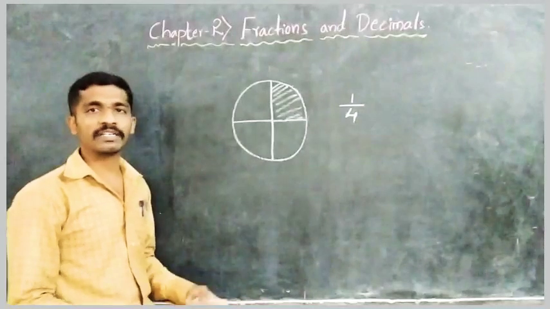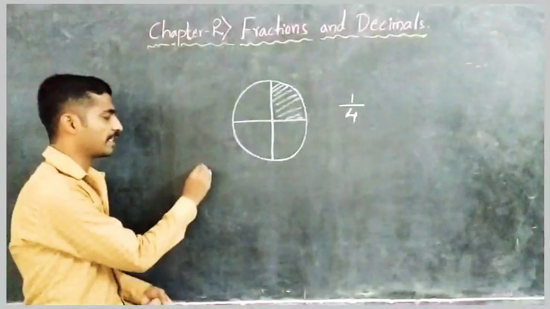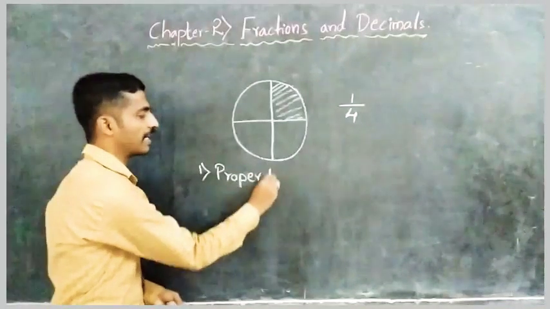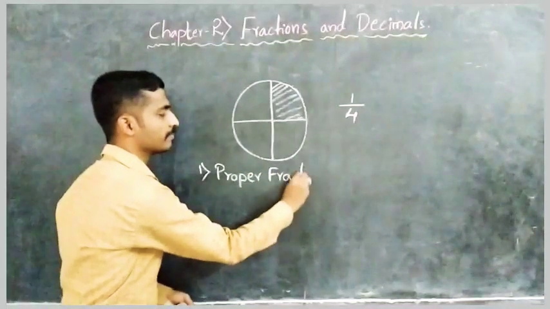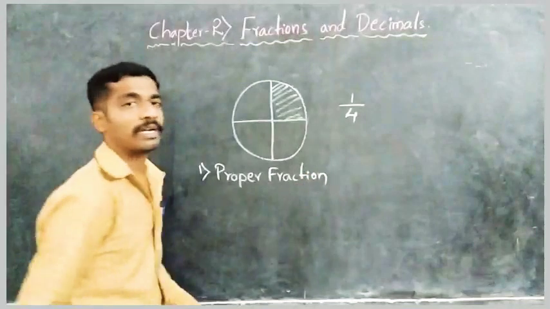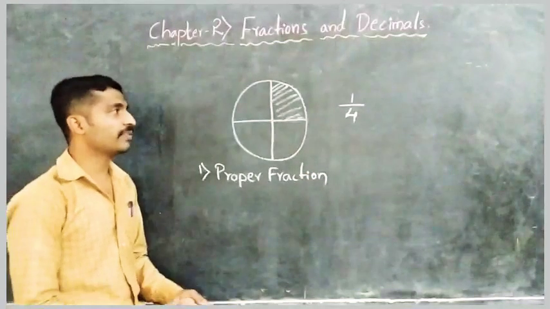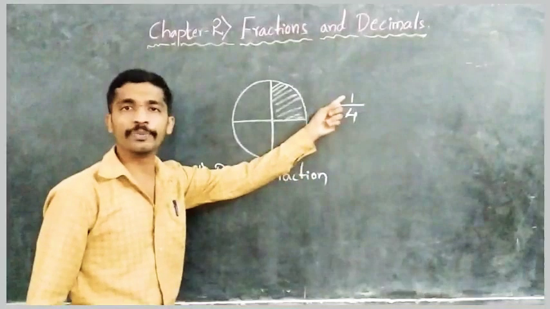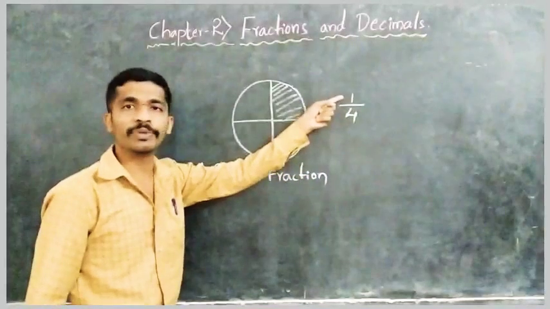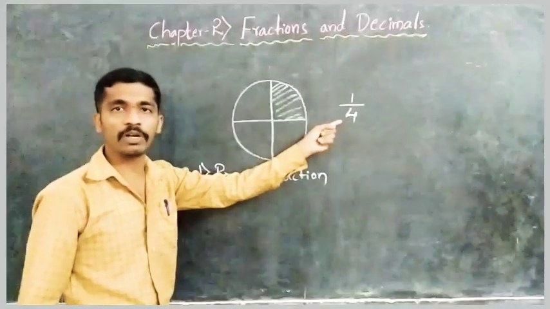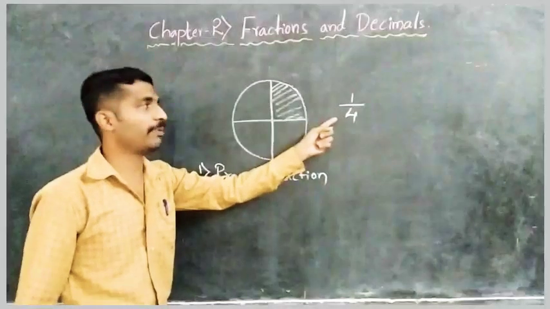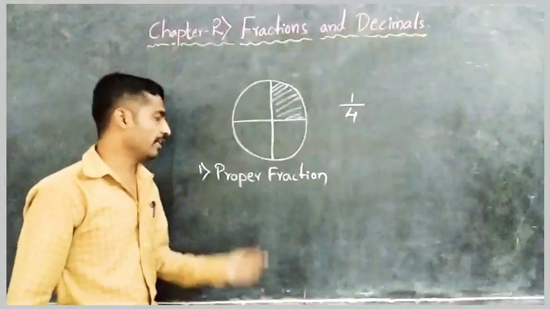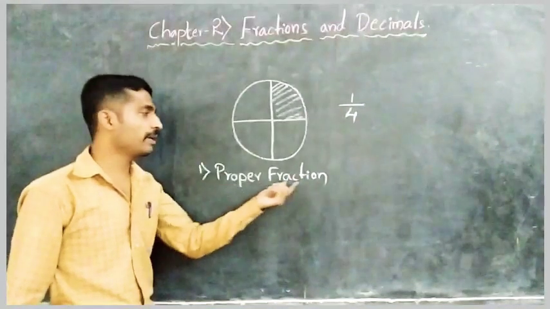In fractions, the first thing we get is the proper fraction. What is a proper fraction? If the denominator is bigger than the numerator, where the top number is the numerator and the bottom number is the denominator, then we can say it is a proper fraction.